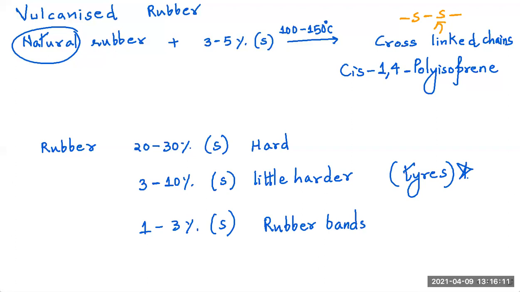Okay? So we did natural rubber, we did gutta percha, and we did vulcanized rubber. Now tell me, which category of rubbers is remaining? Synthetic. Yep, very good. Synthetic rubber.